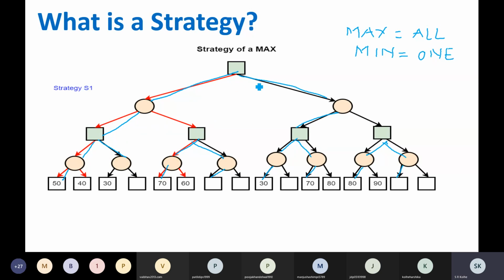At max we have selected all, at min 1, at max all, at min 1. So number of leaves 1, 2, 3, 4.